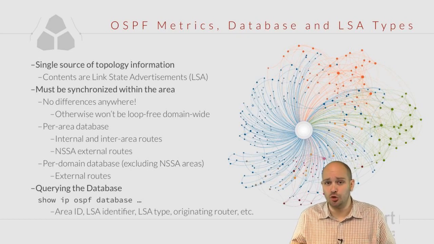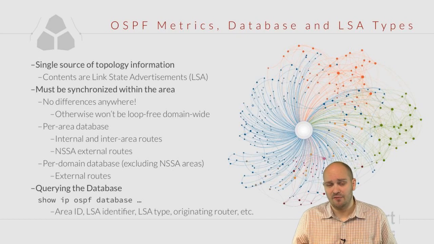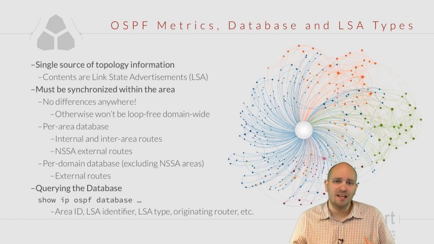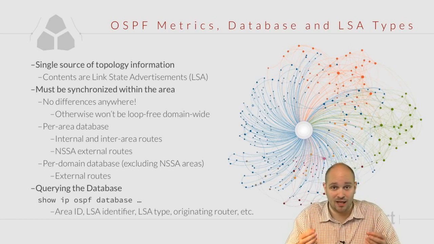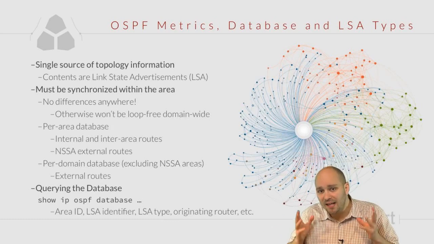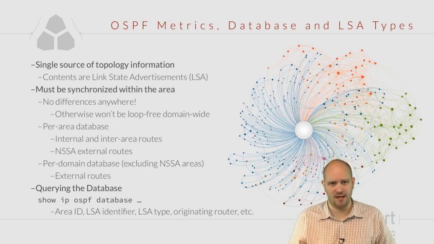If this is not true, if there are some discrepancies in the database, first of all, by design in OSPF, we shouldn't see any discrepancies. But if we encounter them, we know we are dealing with some problem, with some bug, that is something that you cannot solve yourself. But if that was permitted, that could lead to terrible, terrible loops in our network.